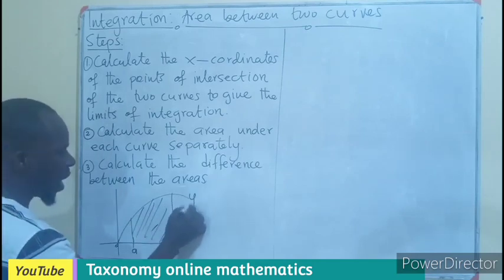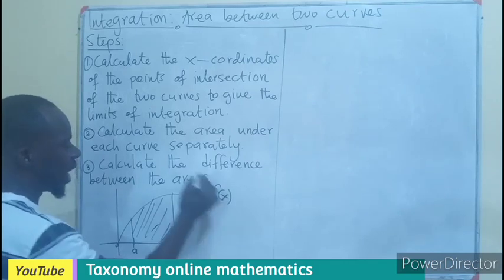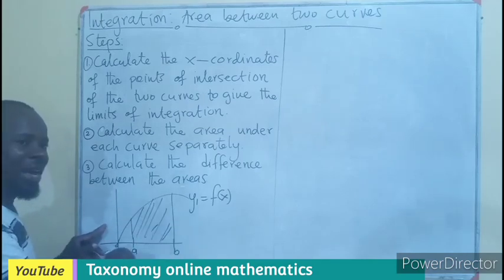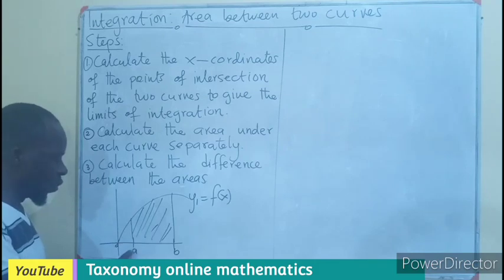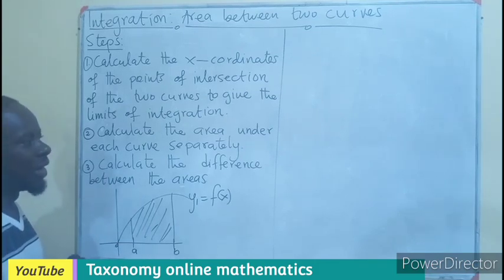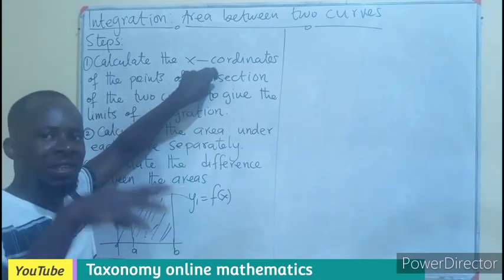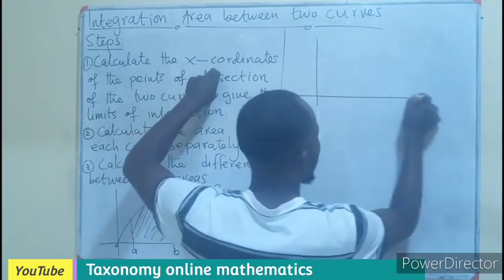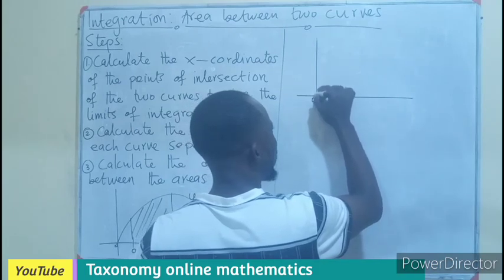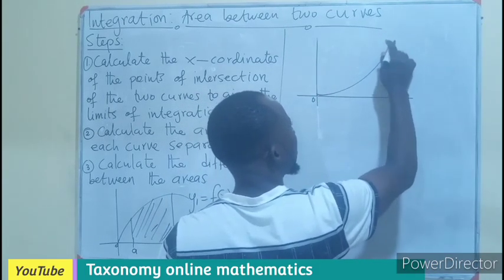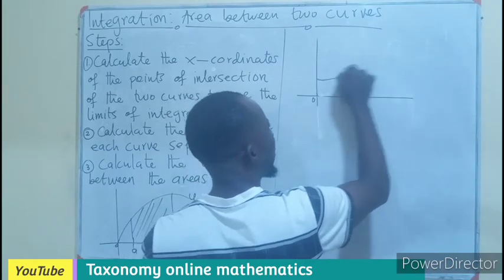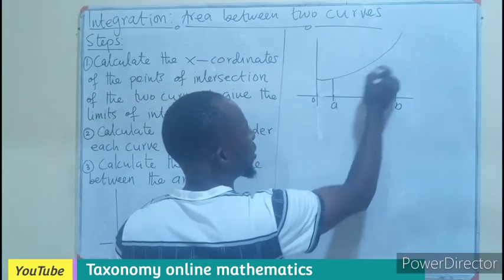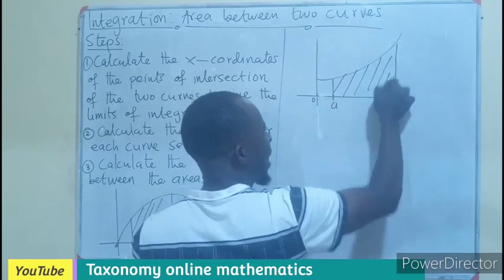If the first is y1 equals a function of x, and you're asked to find the area bound between this curve and the x-axis, this is going to be your portion, with the limit of integration between A and B. Now, since the two curves are going to be on the same graph, imagine I have the second curve, which also goes something like this. I still have the limit from A to B. So this will be the area that I will be asked.